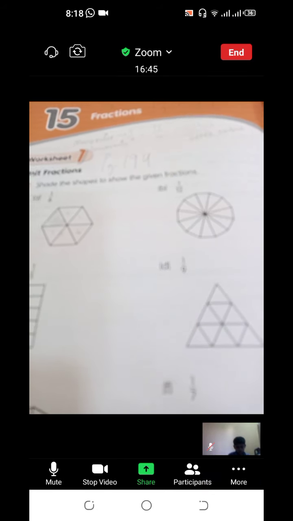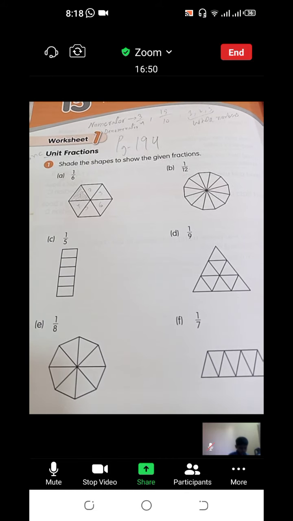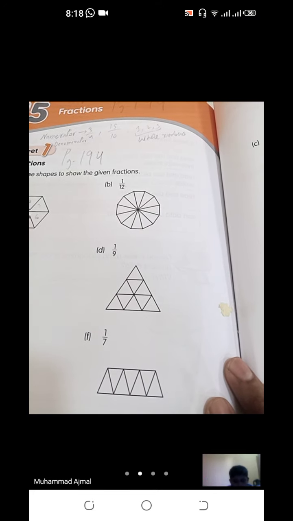We will shade one of the parts, one of the partitions, one of the portions of each shape if the numerator is one. If it were two, we would shade two parts. So in all these questions we will shade one of the partitions. I'm moving to the next page, so you do the rest in your homework.